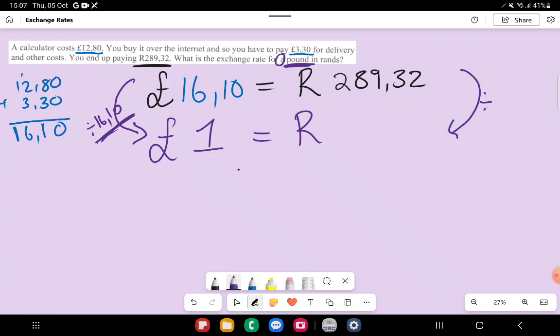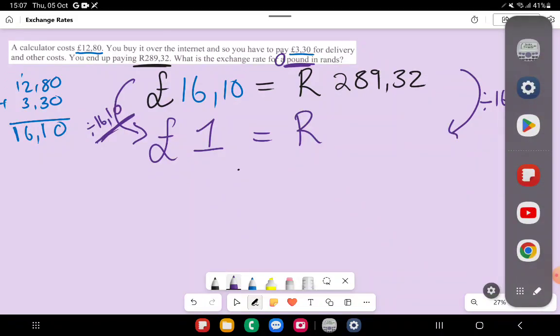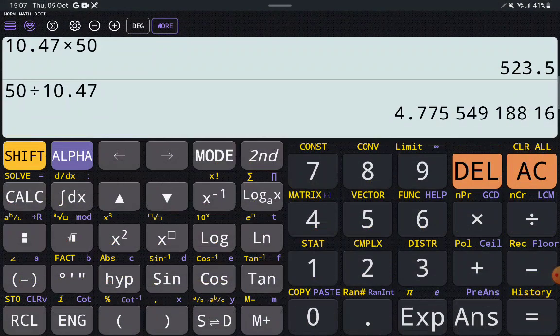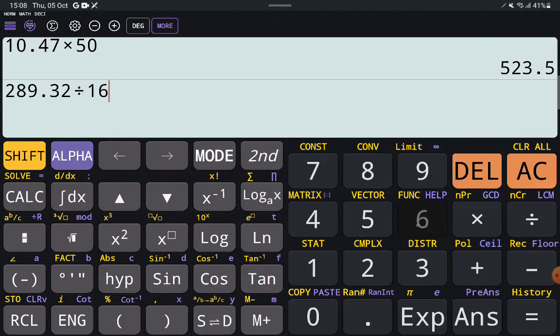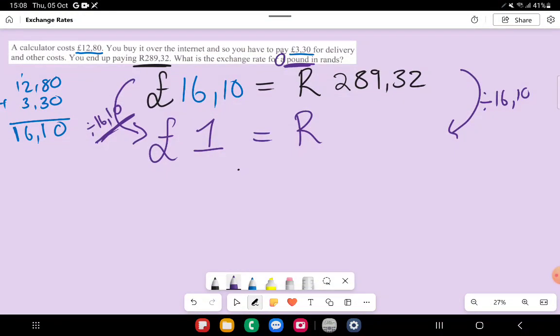So 289.32 divided by 16.10 gives me 17.97. So 17 rand and 97 cents for 1 pound. And that's your final answer.